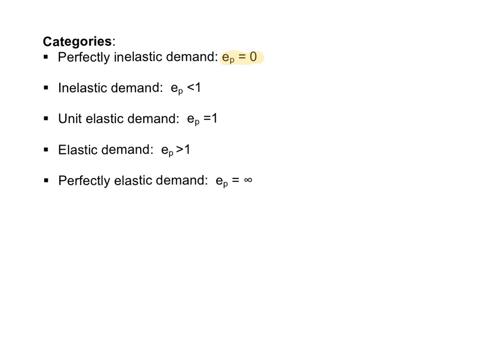When the coefficient value is less than 1, we have inelastic demand. When the coefficient value is equal to 1, we have unit elastic demand. And when the coefficient value is greater than 1, we have elastic demand. When the elasticity coefficient is infinity, we have perfectly elastic demand.